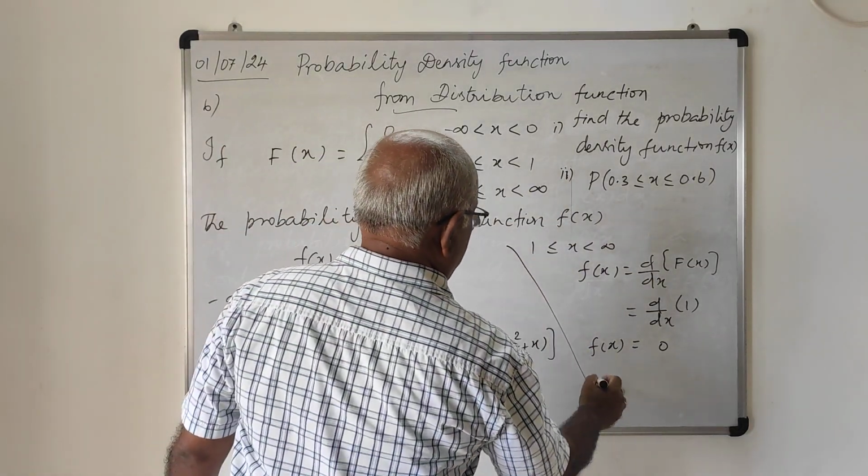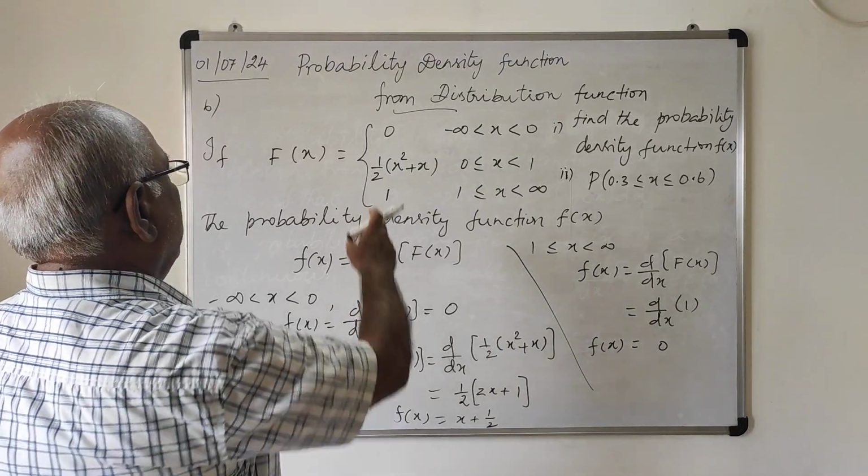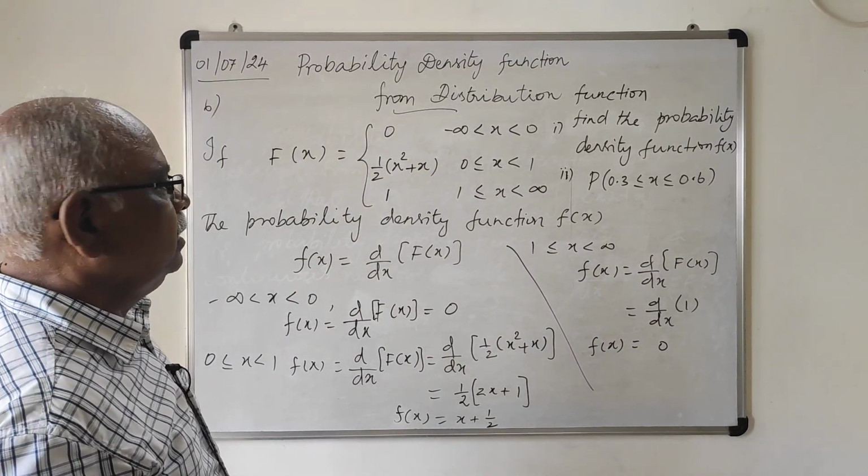So from this, you can collect all these things into one form. In the combined form, you will get the probability density function.